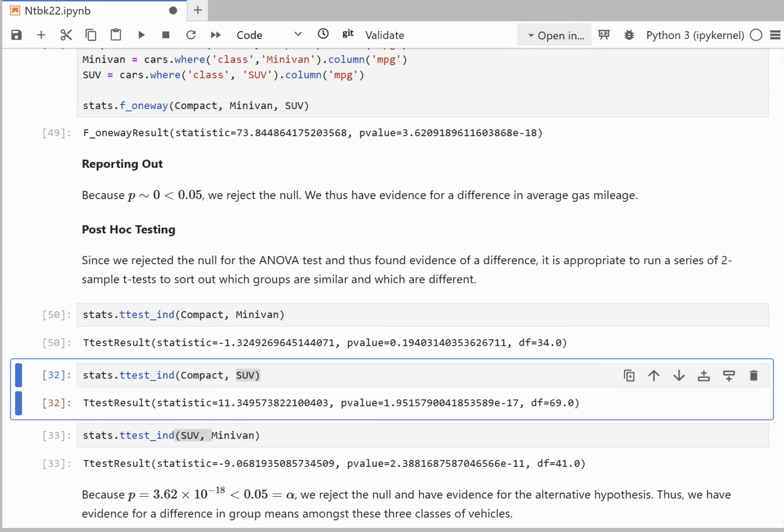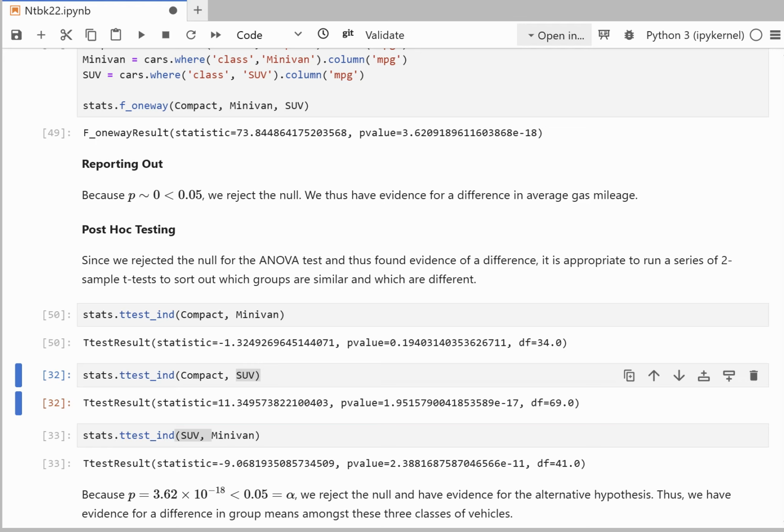And notice that when I run the first one, the p-value is 0.19, which is greater than alpha. So I fail to reject the null. There's no evidence for a difference between gas mileage for compact and gas mileage for minivan. But look at these two p-values for SUVs. They're both scientific notation with negative exponents.